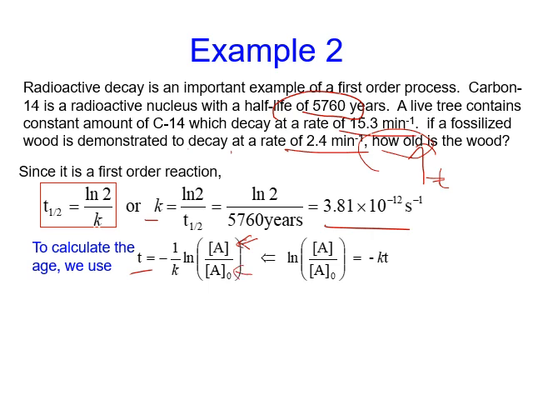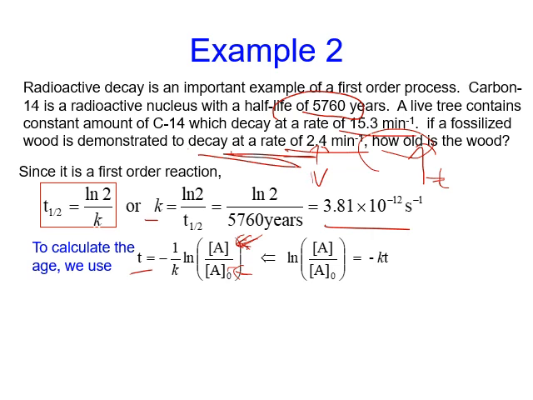Now this question doesn't tell you the concentration of carbon-14 before the live tree died and at the present time. It doesn't tell you, but it does tell you the decay rate, which is the reaction rate. Decay rate is 2.4 at the time that we want to investigate.